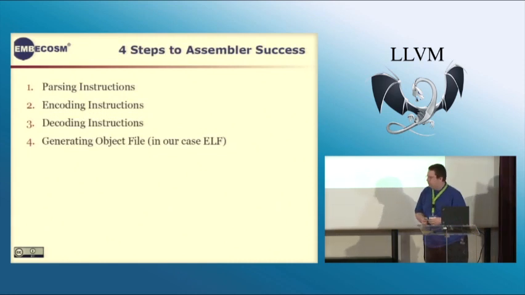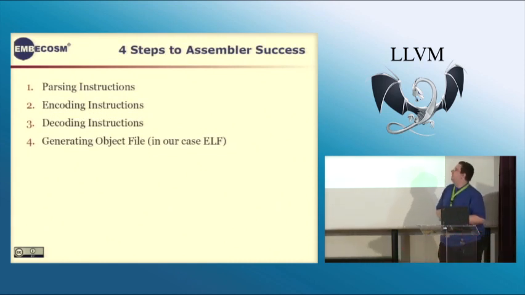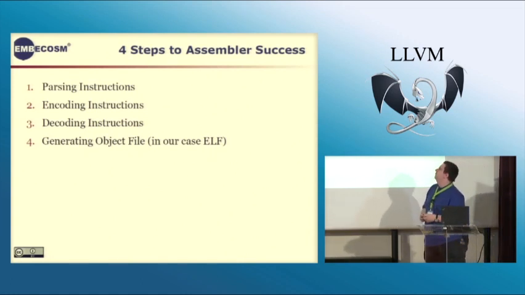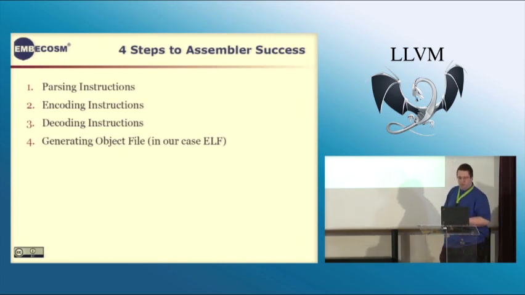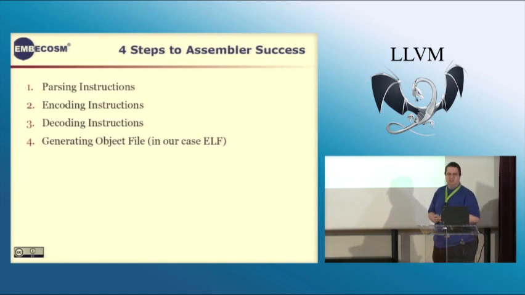Now, I'm talking about four main components which you probably want to add if you want to do assembly in your backend. Parsing instructions, which in my experience is mainly for testing that stuff works. If you want to check that you can encode instructions correctly, then you'll probably need a way of telling it, this is what I want to encode.